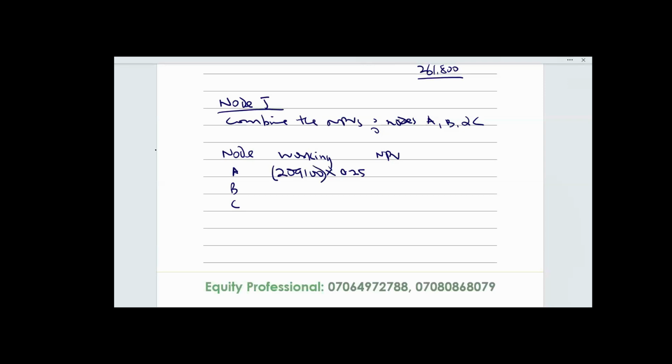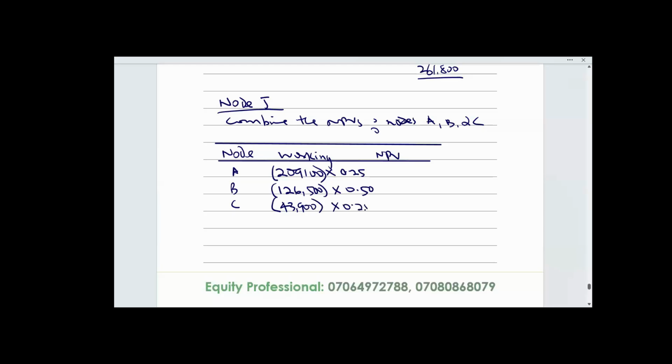Then what's the NPV of node B? 126,500, negative, with a probability of 0.5. Then NPV of node C, 43,900, negative. Multiply by a probability of 0.25.